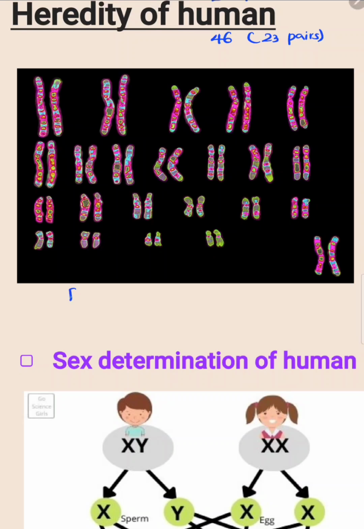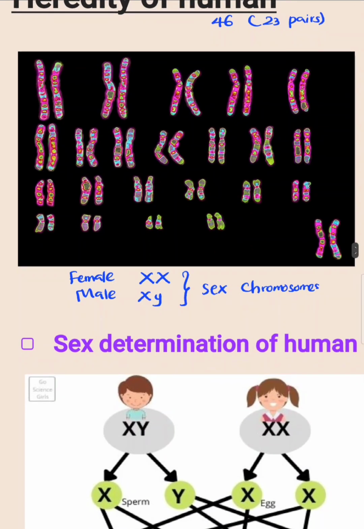In females, the sex chromosomes are capital X, capital X. Males have capital X and simple Y chromosomes as the sex chromosomes. The other 22 pairs are autosomal chromosomes, which determine the features of your body.